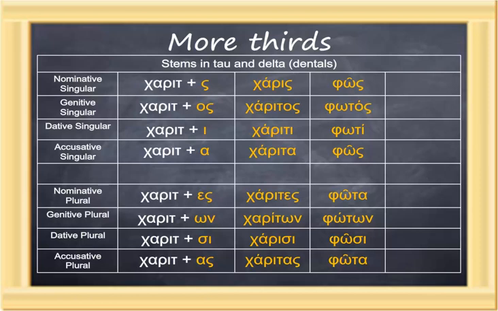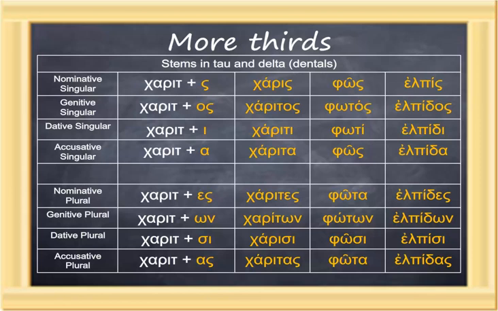This apparently is an example of where a neuter was attracted to the pattern of other dentals and used a sigma when normally neuters don't in the nominative singular. So our forms are phos, photos, photi, phos again, nominative and accusative being identical, phota, photon, phosi, and phota.